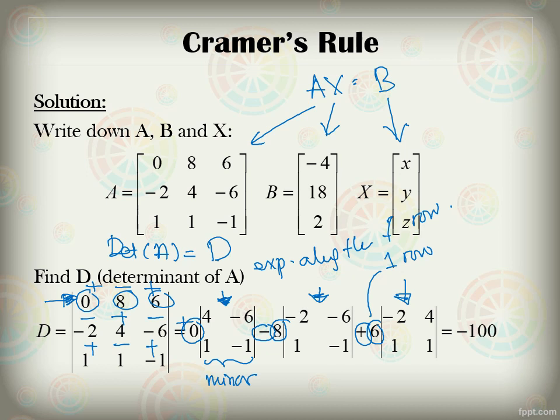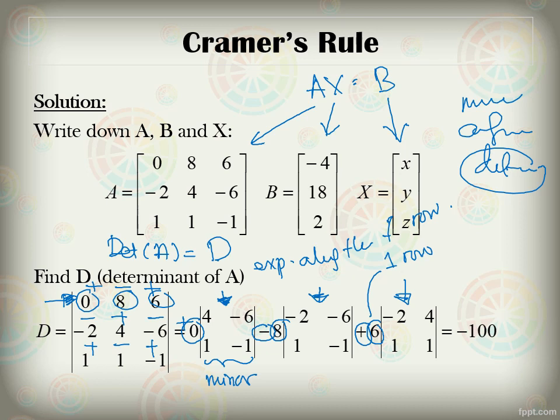Okay, because here the question wants you to solve by using Cramer's rule. So don't waste time to find the minor first and then find the cofactor and then find the determinant, because to find the determinant, you just need to choose one row or one column.